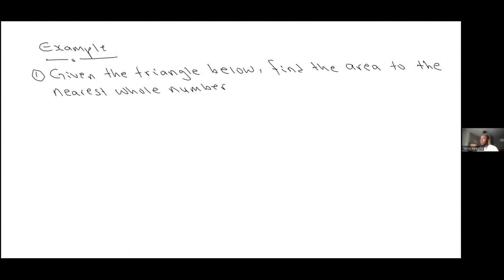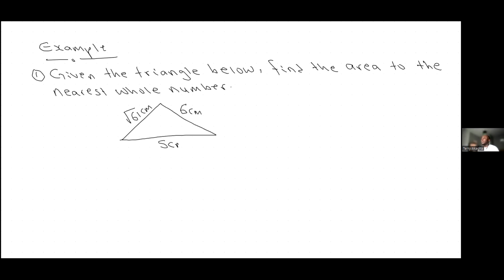So we have this triangle here. One side is square root of 61 centimeter. Here is 6 centimeter. And here is what? 5 centimeter.